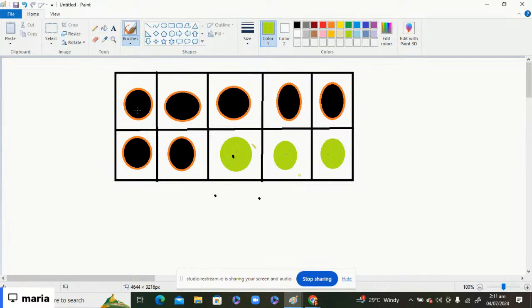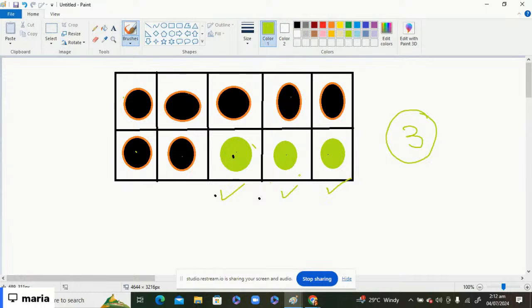The total frame is 10, because when you count the total dots, it's 1 2 3 4 5 6 7 8 9 and 10. And how many green dots did we add? 1 2 and 3. So it means that when you add 3 dots, it becomes a total of 10.